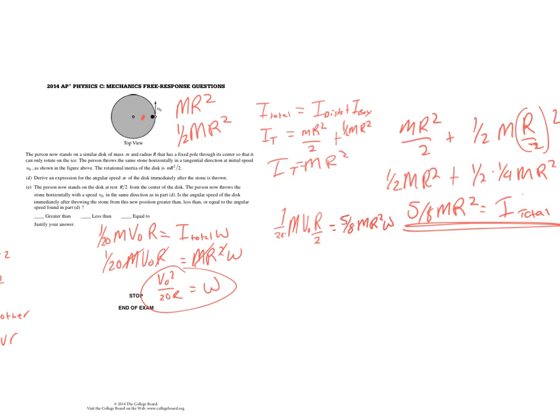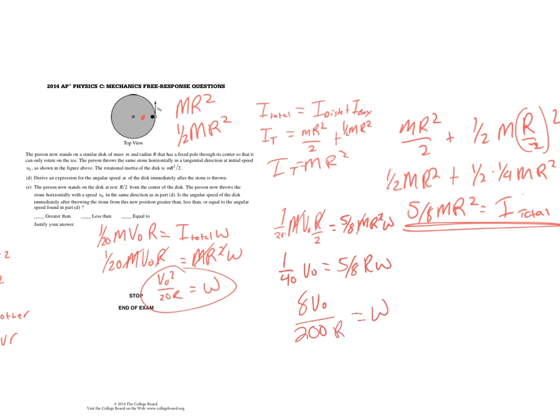And we're just going to do the same thing we did before, solve for omega. M's cancel, one of the R's cancels, and we get 1/40th V naught equals 5/8 R omega. All right, and so now we got to solve for this. So 8 V naught over 200 R equals omega.